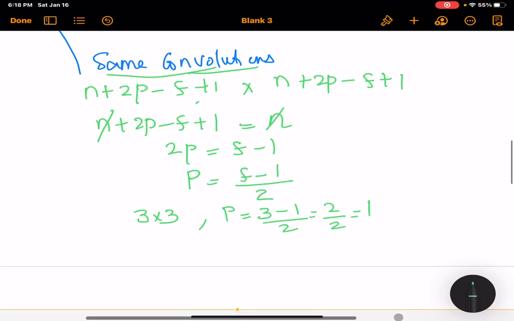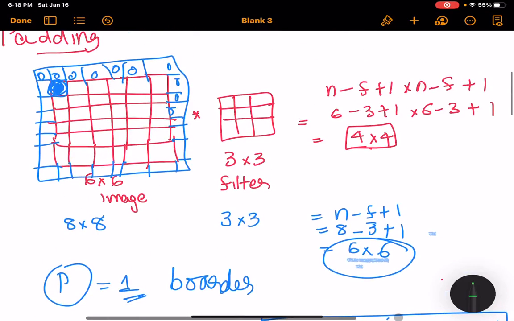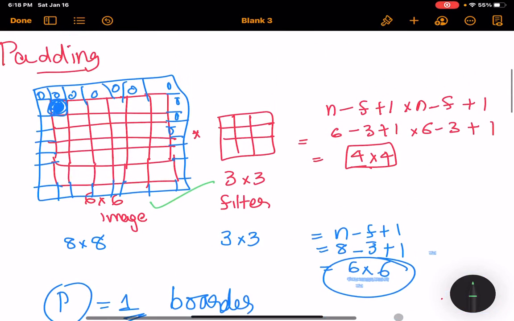So basically, the example we were doing is an example of same convolution, because in this case I have chosen my padding value p to be (f minus 1) by 2, which is (3 minus 1) by 2, equal to 1. That is why I just had one border of padding given to this image.